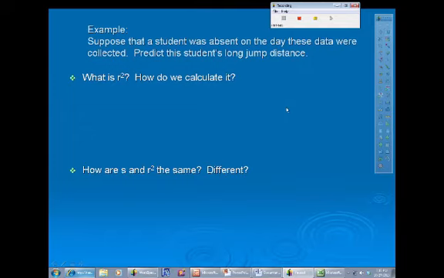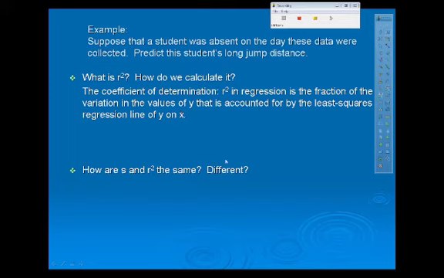So what we're going to do is find R squared. Well, what is R squared and how do we calculate it? The coefficient of determination, that's R squared, in a regression is the fraction of the variation in the values of y that is accounted for by the least squares regression line of y on x.